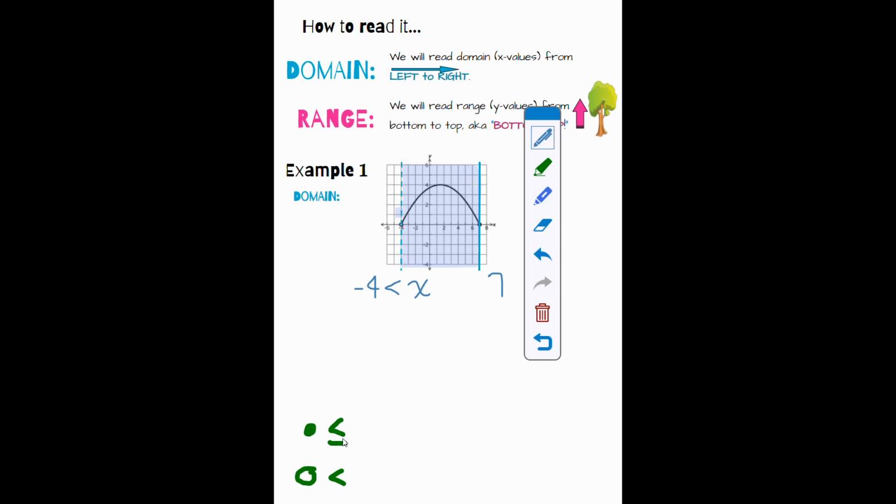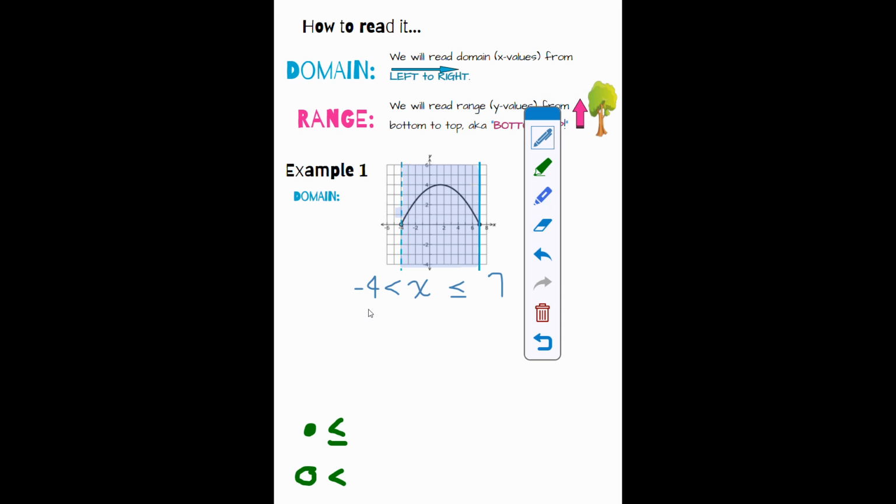And as long as you read left to right, bam. So the way we would read this would be -4 is, that makes an L, less than X, that makes another L, is less than or equal to 7. So altogether, -4 is less than X, less than or equal to 7.